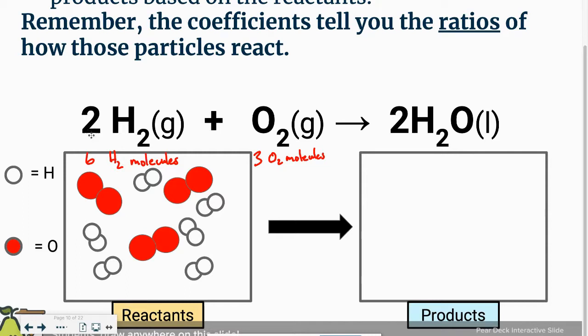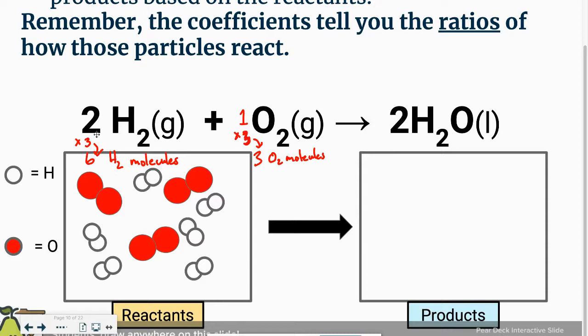So if we look here, 2 to 1 is the same ratio as 6 to 3, but how do we get from 2 to 6 here? Well, we multiplied this by 3 to get 6, right? And we multiplied this 1 times 3 to get 3.